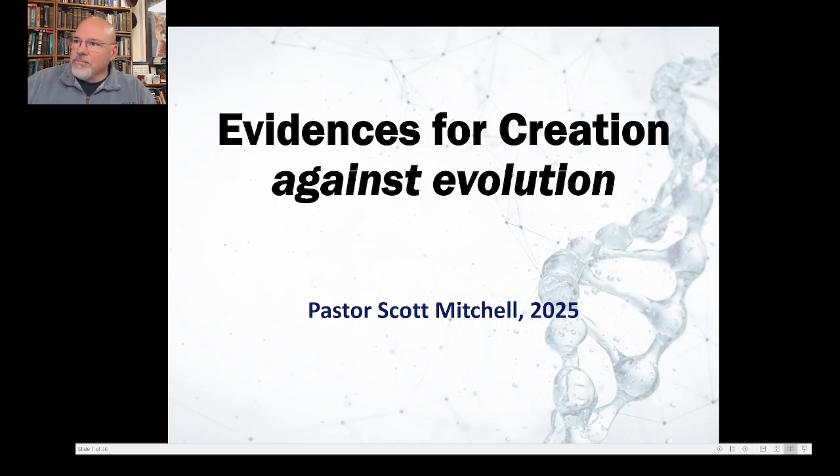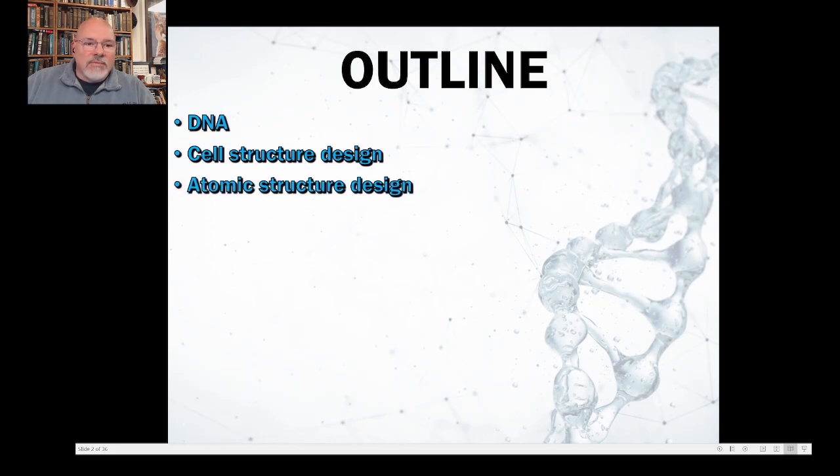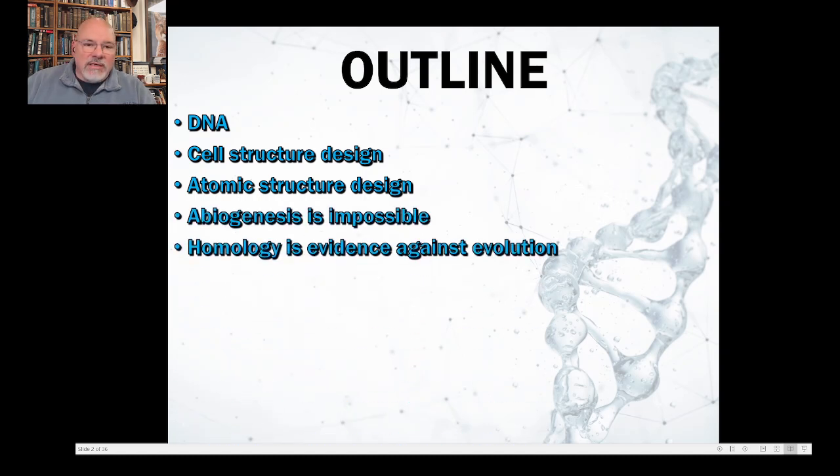So first of all, as we go through here, let's look at the outline. We're going to look at DNA, cell structure design, atomic structure design. I think a lot of times we skip over that. Abiogenesis is impossible apart from God. Homology is evidence really against evolution.